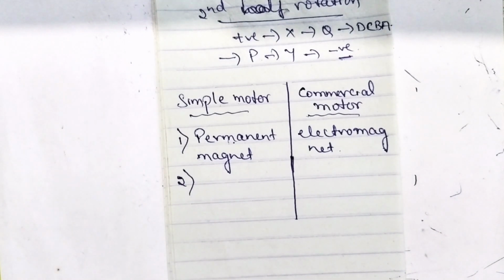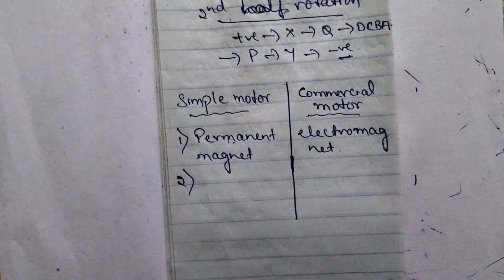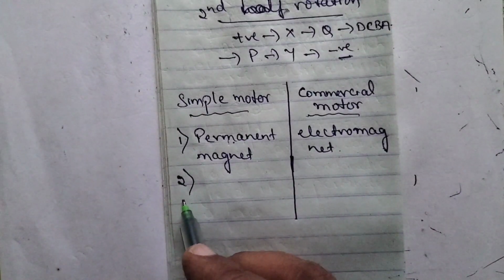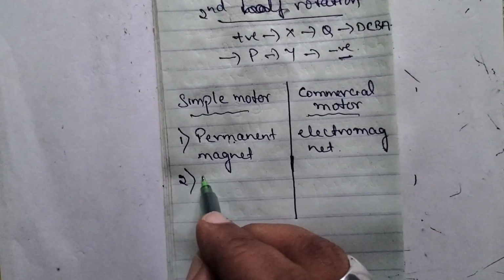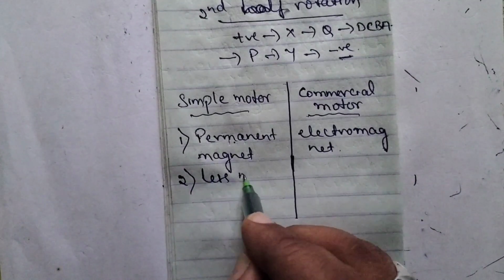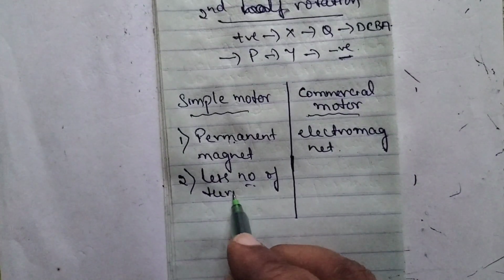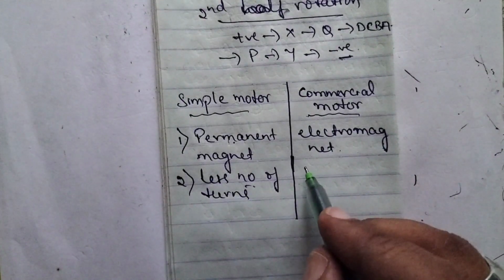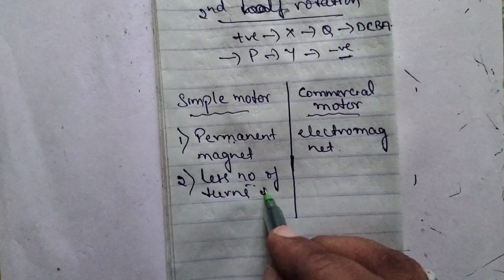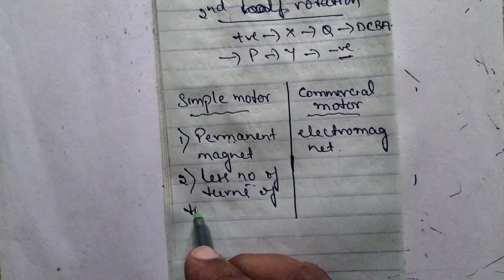And let us move to the second difference. The second difference between simple motor and commercial motor is that a simple motor has less number of turns of the conducting wire.